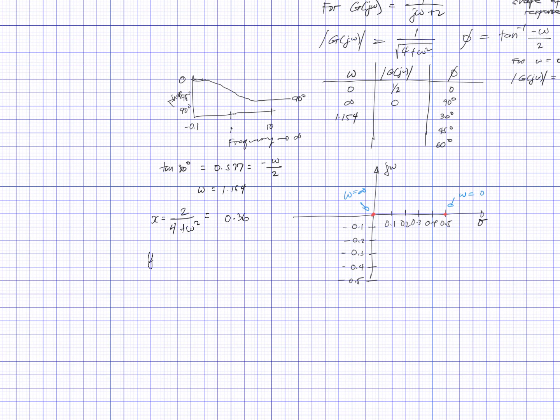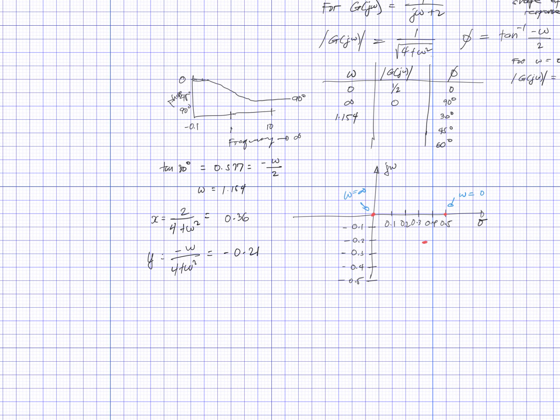And our y, which is negative omega over 4 plus omega squared, will give us negative 0.21. Okay, and so we'll plot that one. 0.36 and negative 0.21. So that's about right here.